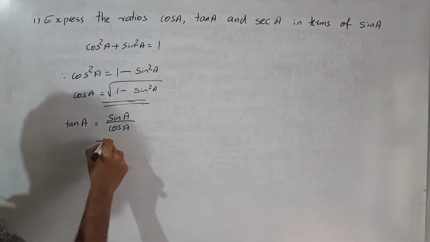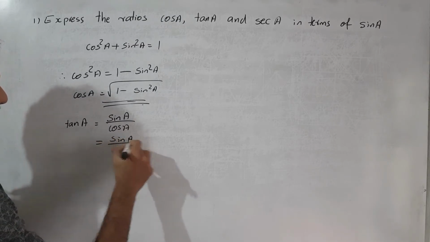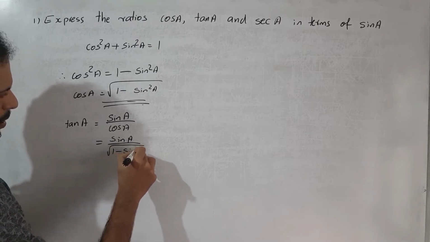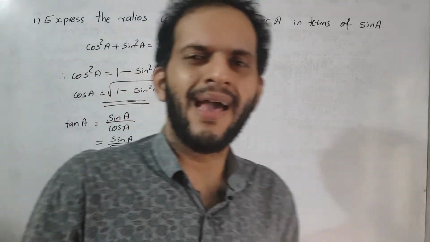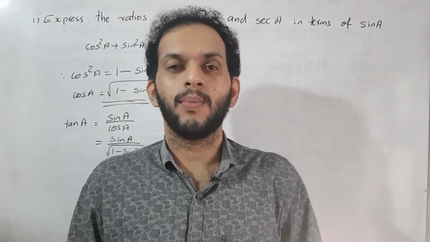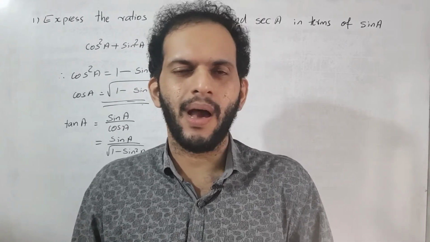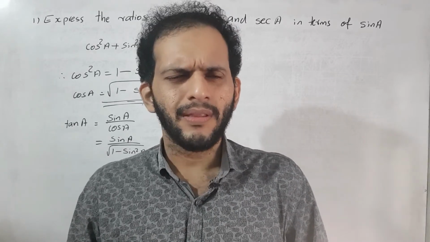So we write sine A by root of 1 minus sine square A. That is how we convert tan A in terms of sine A. Clear? Then one more is remaining.